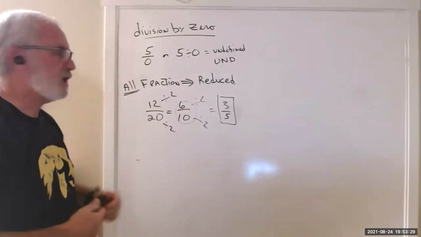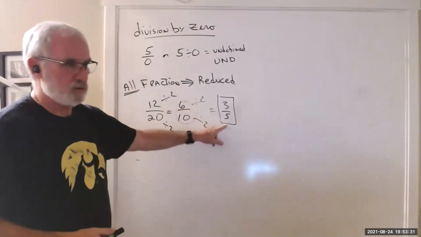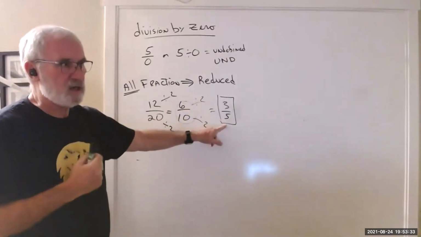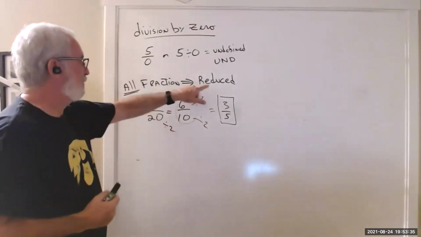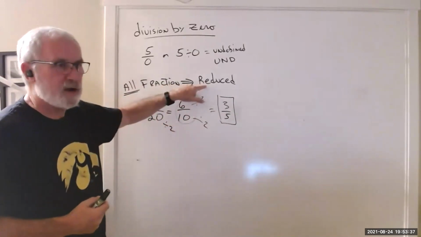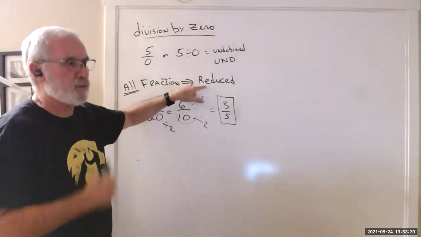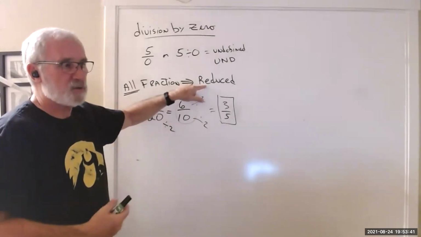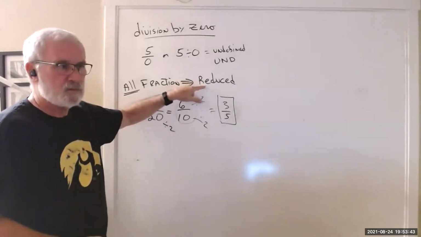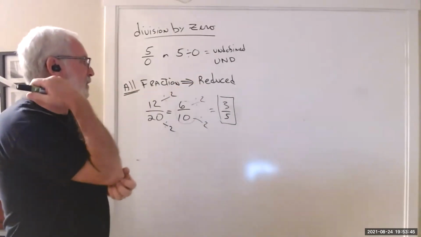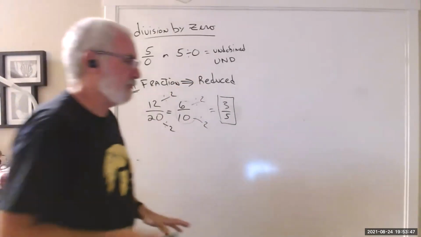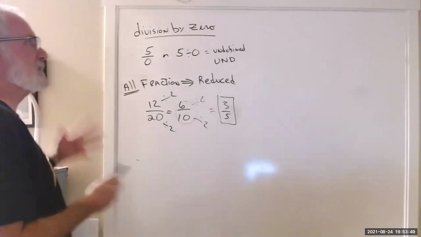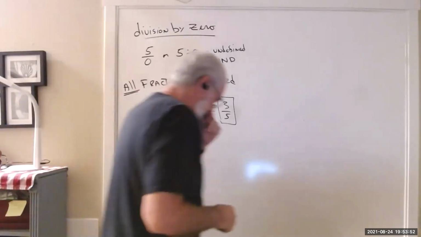It is a completely reduced fraction. So all fractions have to be completely reduced. If it takes you 3 steps, 4 steps, 5 steps to reduce it, then you do. You have to.